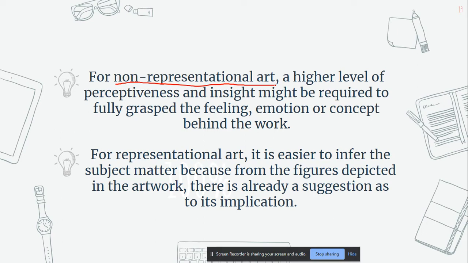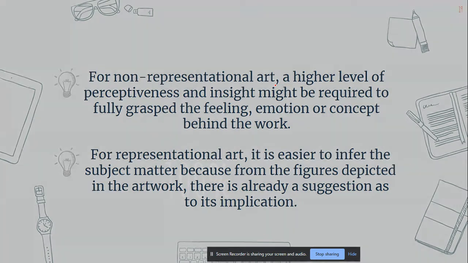Then you need to have a high level of perceptiveness and insight in order for you to fully grasp the feeling, emotion, or concept behind the work. And then for representational art, it's just very easy to infer the subject matter because it's just being shown in the figures depicted in the artwork. There is already a suggestion as to its implication.